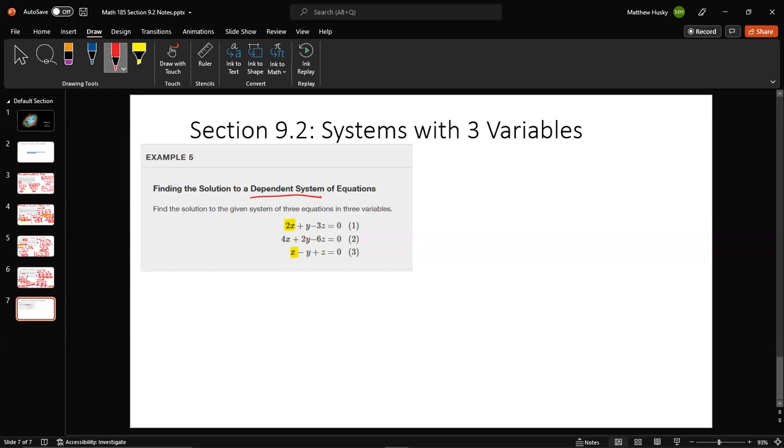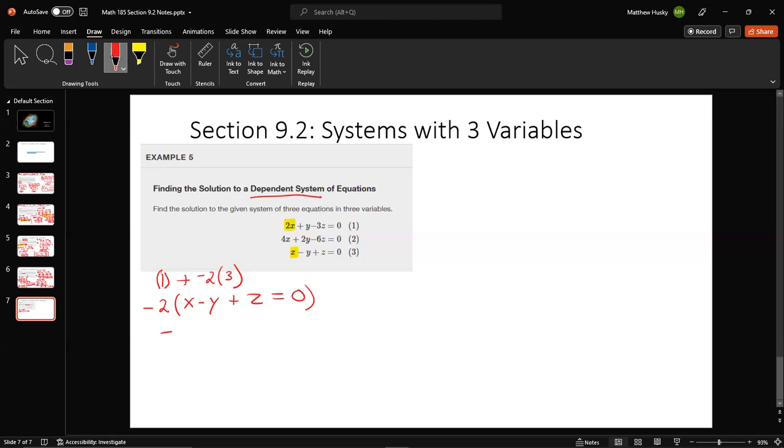So maybe what I could do is equation number 1 plus a negative 2 times equation 3. So let's do something like that. So negative 2 times equation 3, what's that going to be? It's going to be x minus y plus z equals 0.